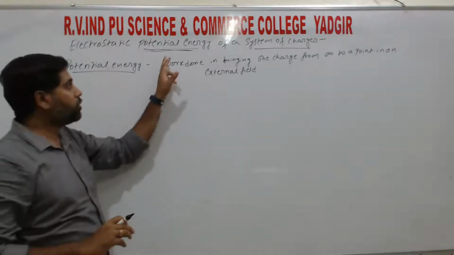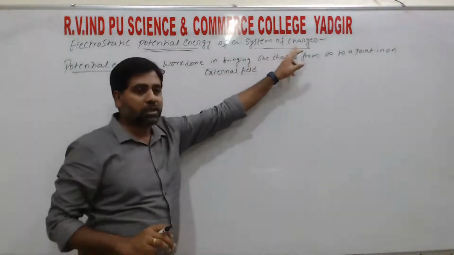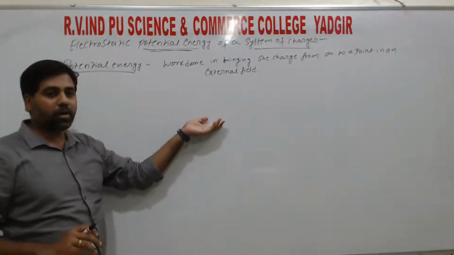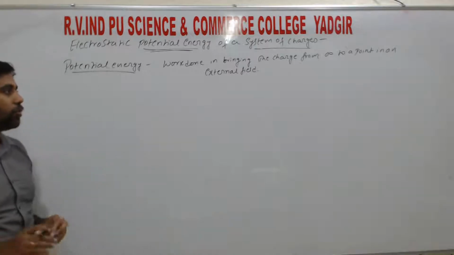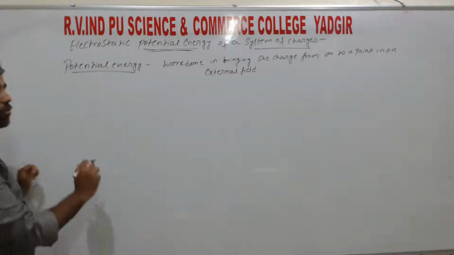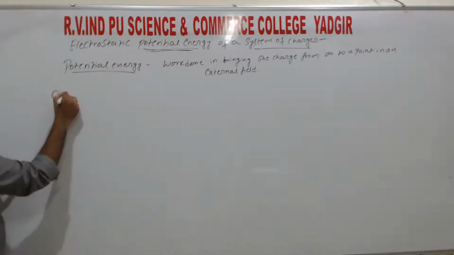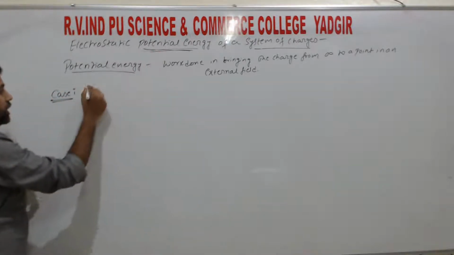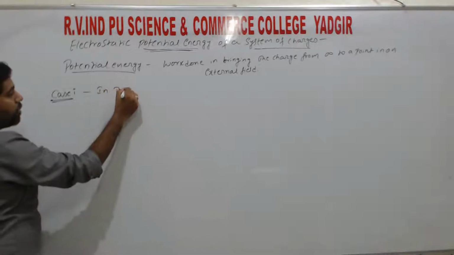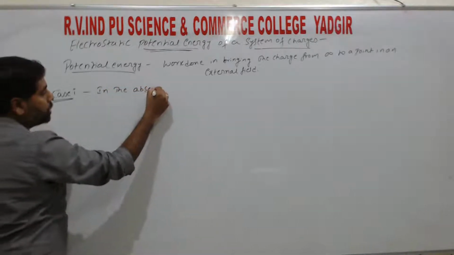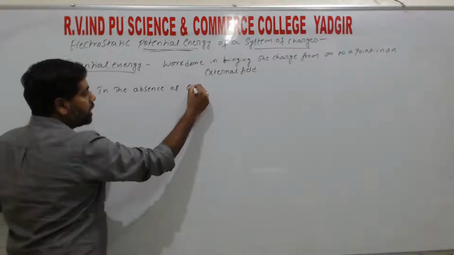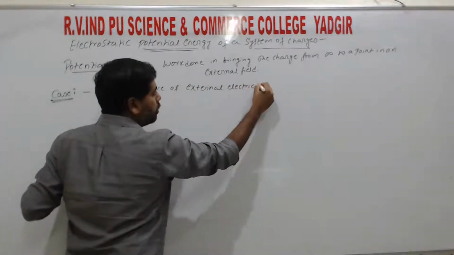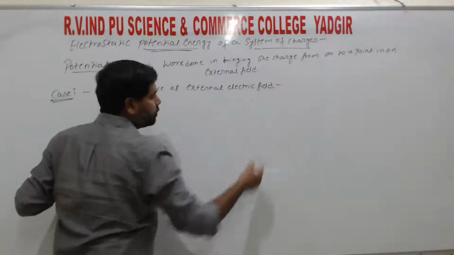So here we are going to discuss potential energy due to the system of charges. In a system of charges, we have so many charges, right? So first, here we have two cases. The first case is we are going to find the potential energy in the absence of an external electric field, or simply the field.